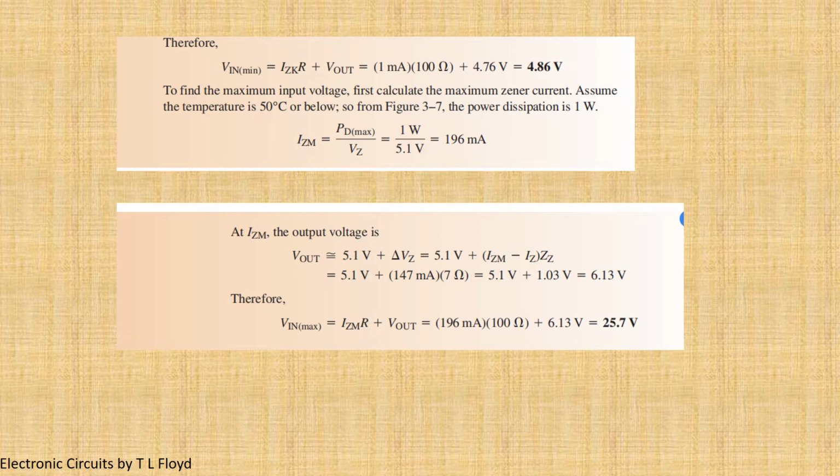At the maximum Zener current, what will be the maximum output voltage? That is the Zener voltage given on the data sheet plus the variable voltage that we have measured.